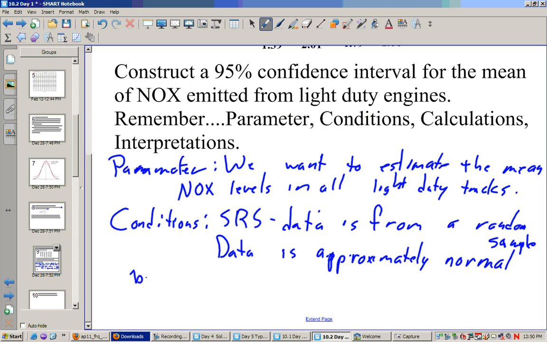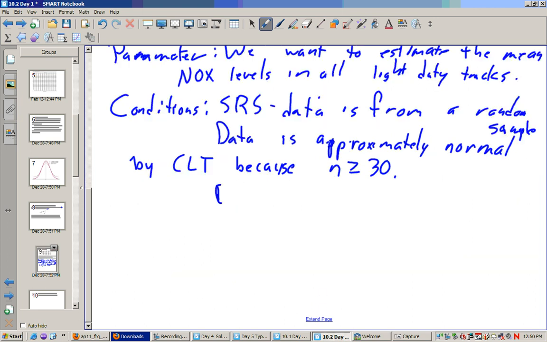By central limit theorem, because n is greater than or equal to 30. Now, observations will be independent.